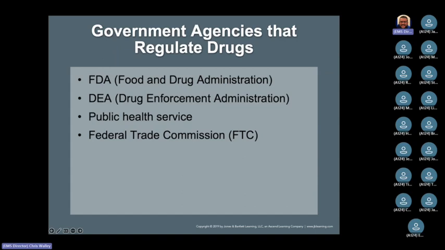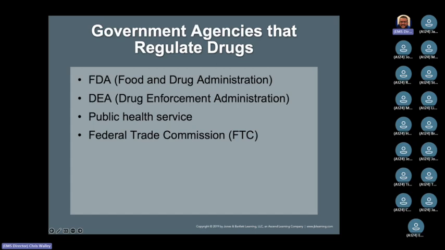All right, so the government agencies that regulate the drugs, you have your FDA, which is your Food and Drug Administration. They enforce the Food, Drug, and Cosmetic Act, and they determine the safety and the efficacy of those drugs before they are allowed to enter the U.S. market. The DEA, or the Drug Enforcement Administration, is formerly known as the Bureau of Narcotics and Dangerous Drugs.